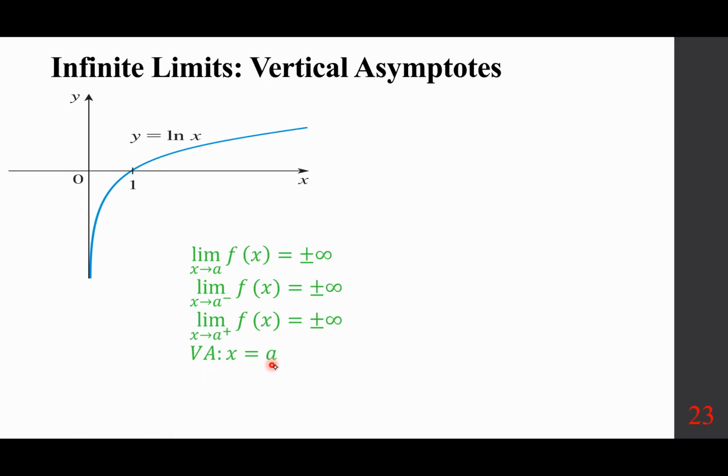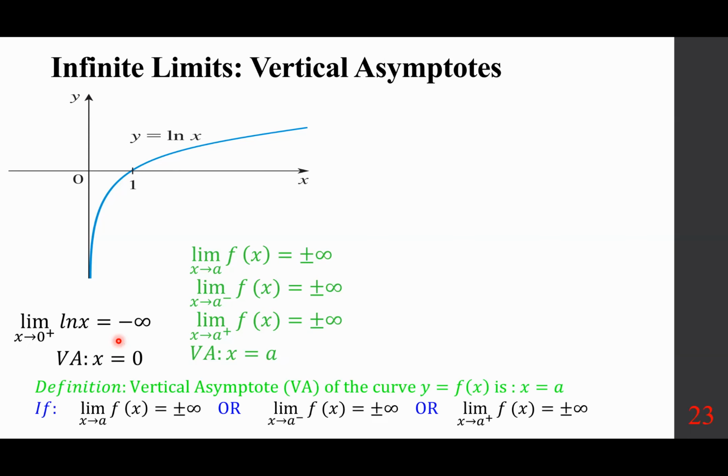For example, take the logarithmic function y equals ln x. The limit of this function as x approaches 0 from the right is minus infinity. Remember, the domain is 0 to infinity, and it's not defined when x is negative or 0. This gives rise to the vertical asymptote x equals 0.